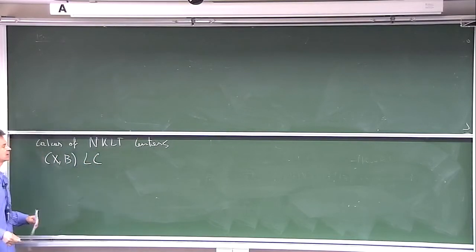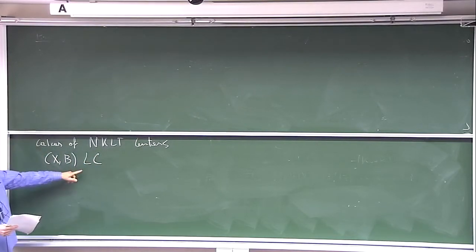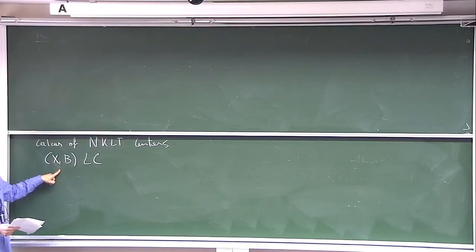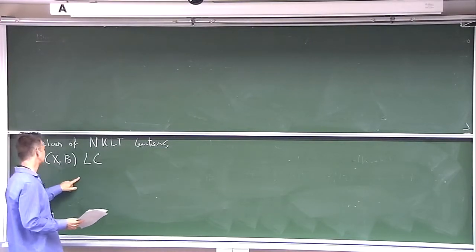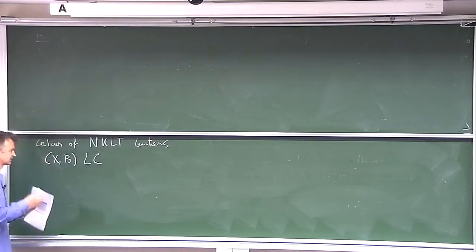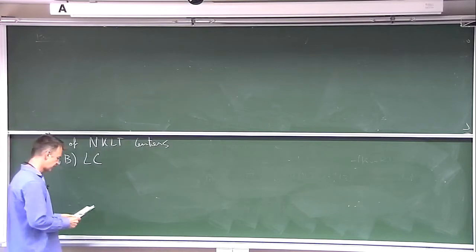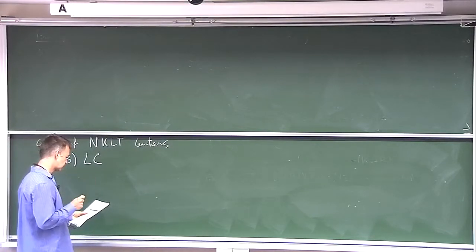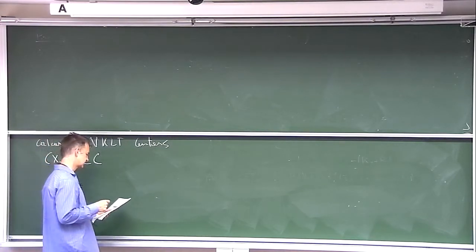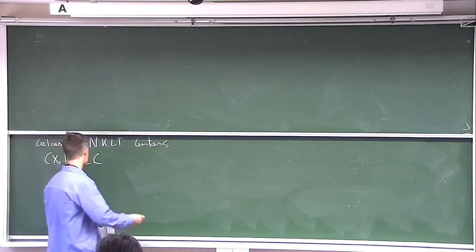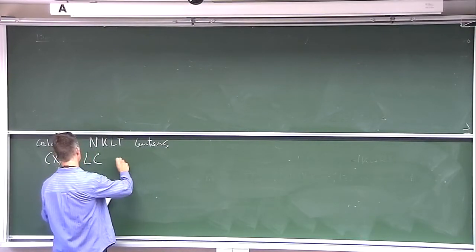Traditionally, in a lot of papers, a non-KLT center on a log canonical pair is called a log canonical center. But I think we've all decided that that's slightly confusing, so I'll try to stick to the non-KLT centers. There are going to be finitely many of these non-KLT centers, and here's the first property.